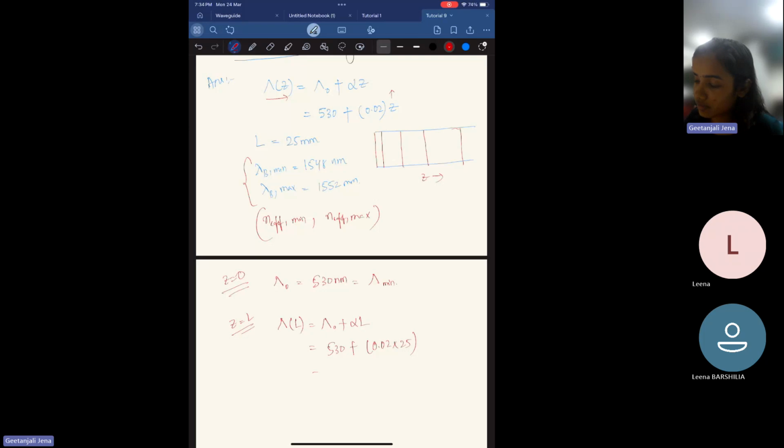So this will come around 530.5 nanometer. So the maximum period will be 530.5 nanometer.